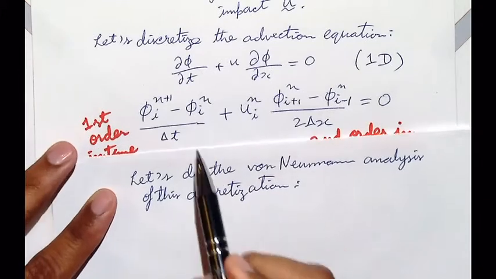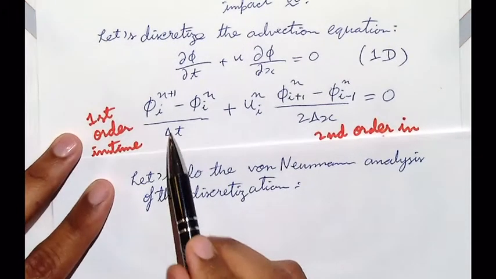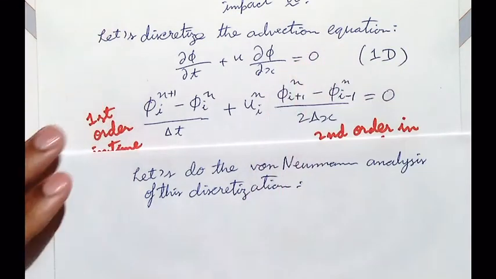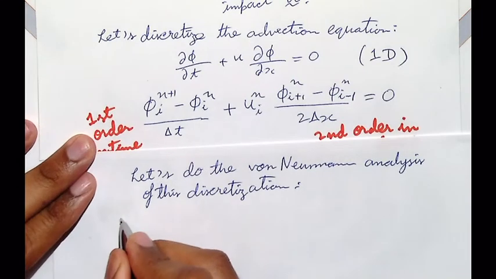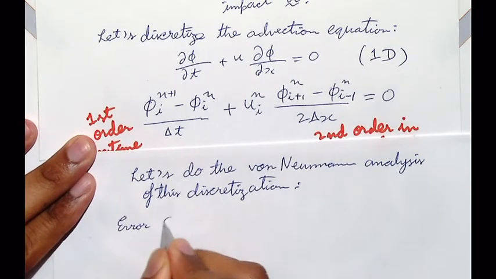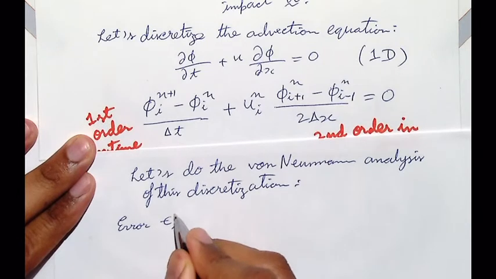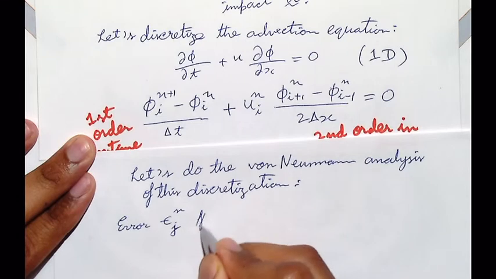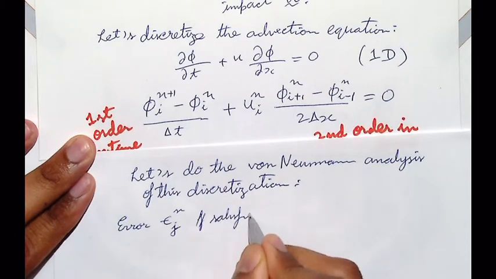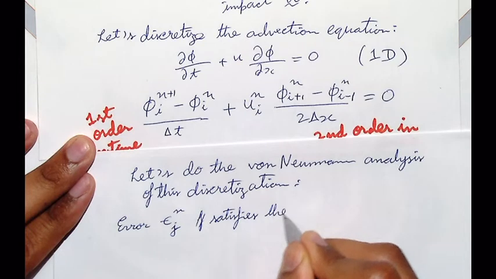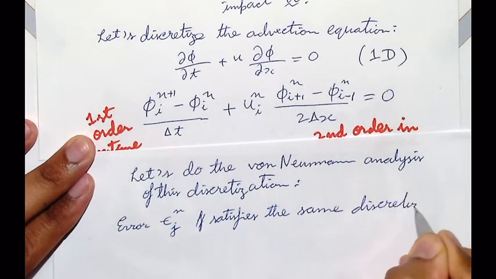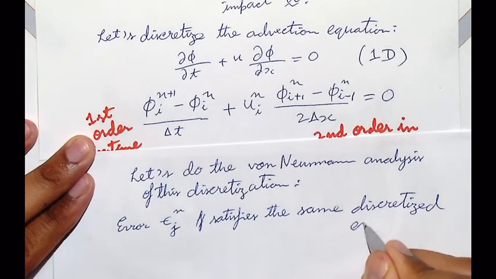We remember that whenever the PDE is linear, the error basically follows the original PDE. So the error epsilon j n satisfies the same discretized equation.